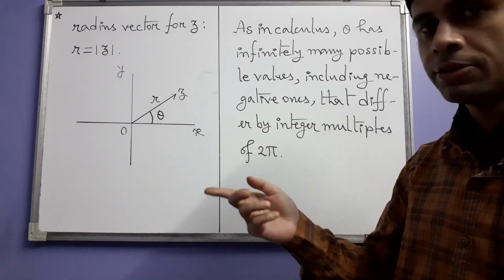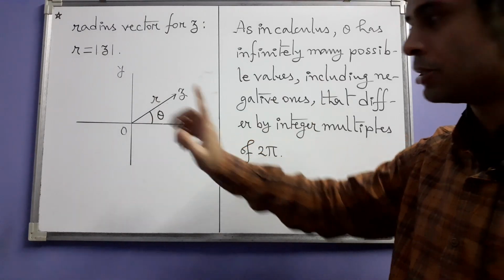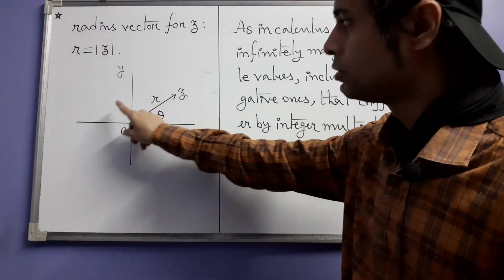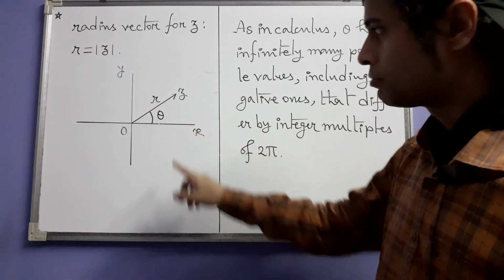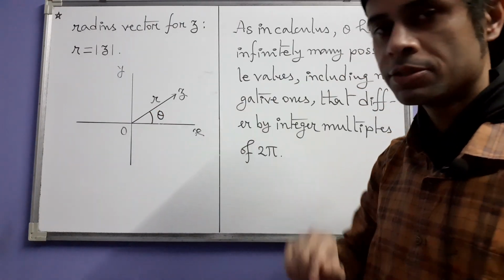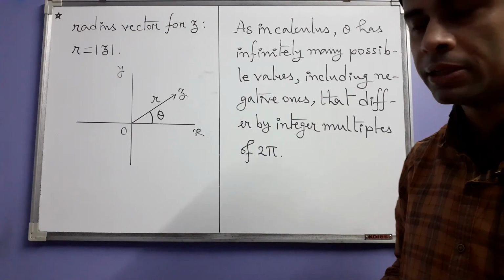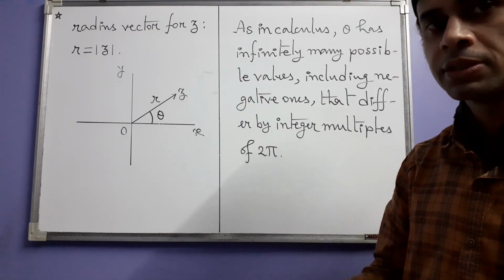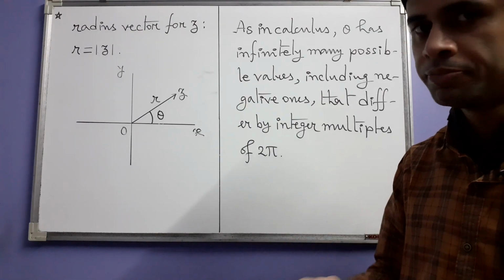There are other values also that I said moments ago. For example, this one will differ from this one by some multiple of 2 pi. That multiple may be a positive multiple, may be a negative multiple, anything can happen.